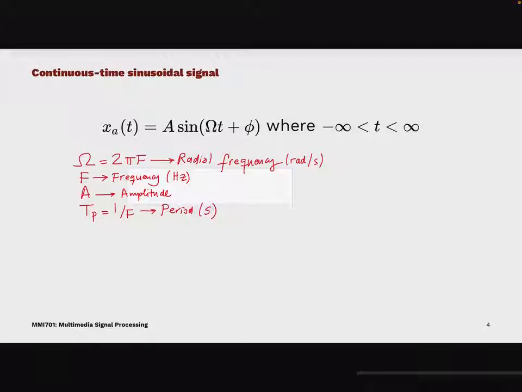So what is the period? The period is the time interval at which our signal returns back to its starting point.